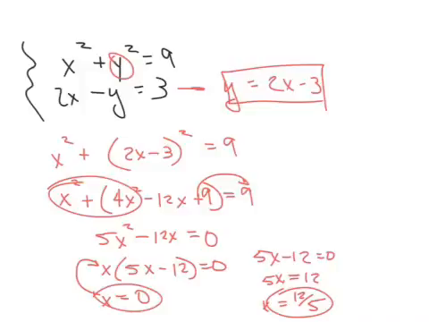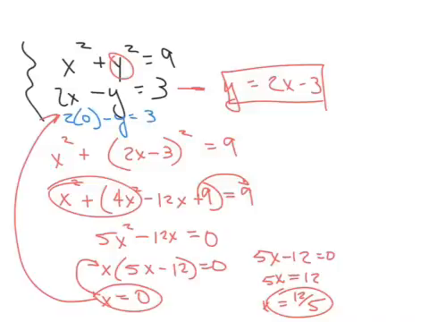Then I take my 0 and plug it in up here, and I get 2 times 0 minus y equals 3, or y equals negative 3. So when x is 0, y equals negative 3.